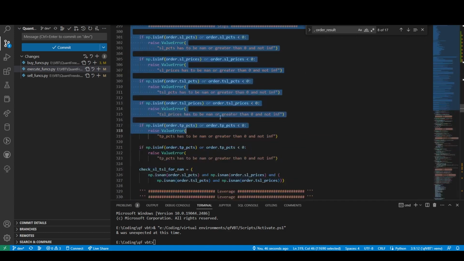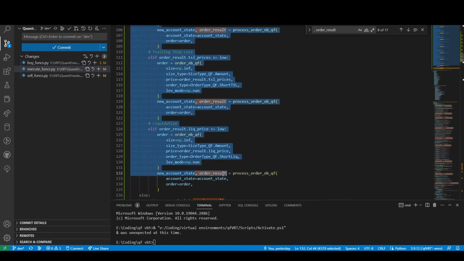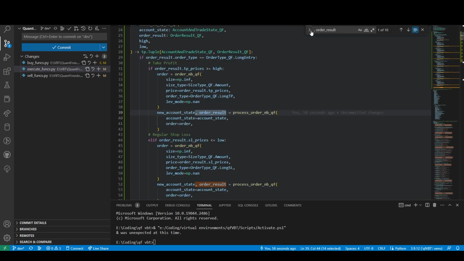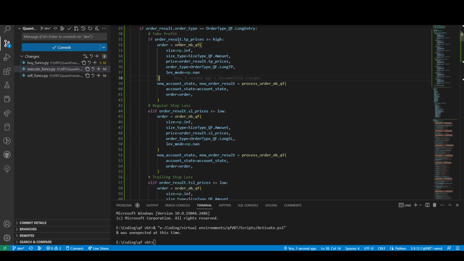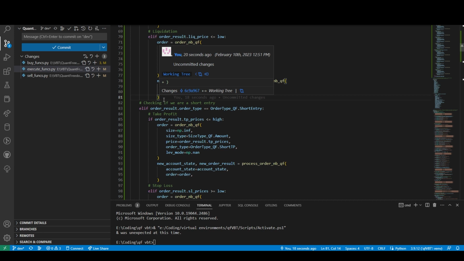And we'll call it new. Oh boy. And we'll call that new order results. So this is the new one. This is the old one. So if it's a long entry, actually down here it would be else.